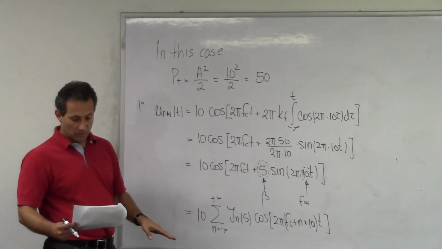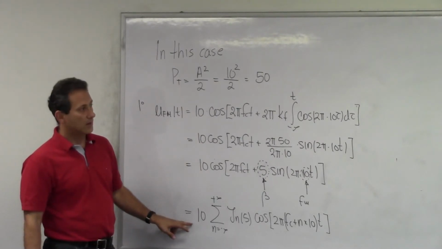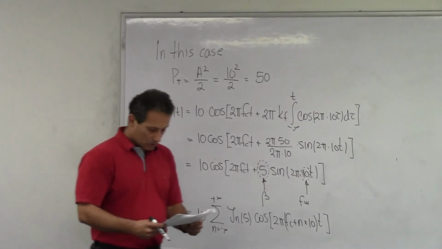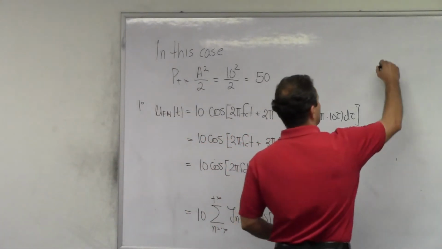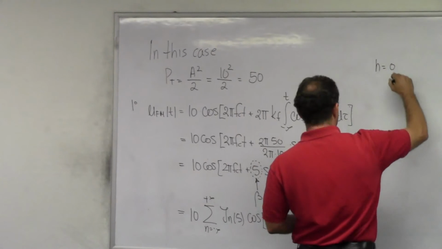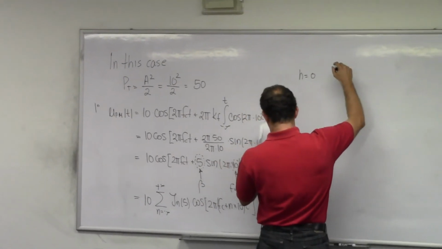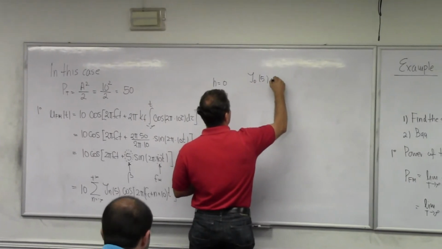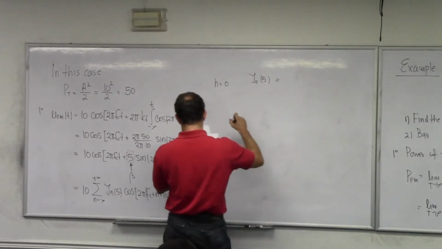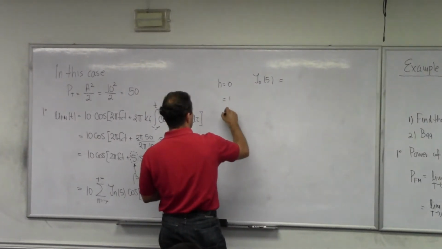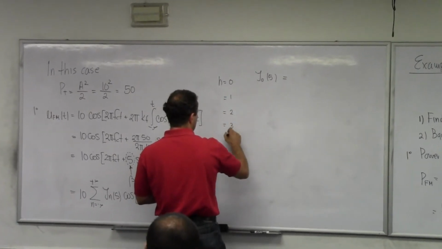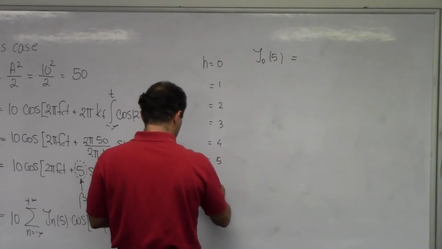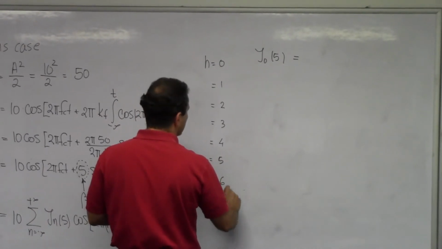Now we actually need to exercise our understanding of Bessel functions and how we evaluate this. So let's do this. I'm going to tabulate them here. This is n equals 0. This is going to be J0 of 5. And you're going to help me populate this. So here I'm going to use 1, 2, 3, 4, 5, 6, and 7.